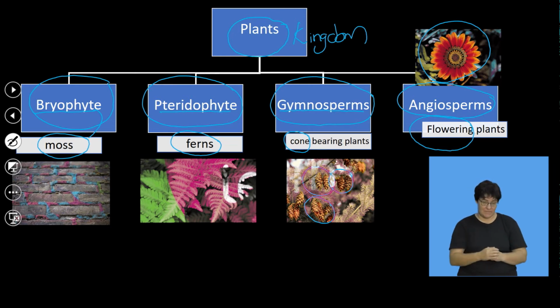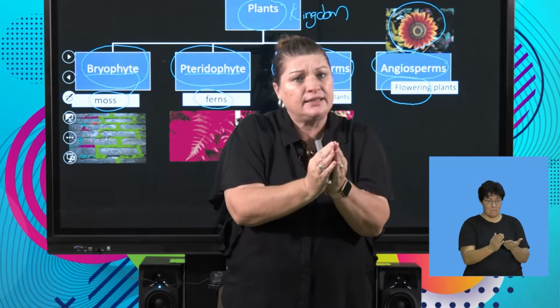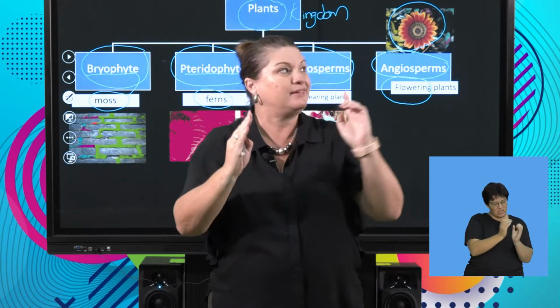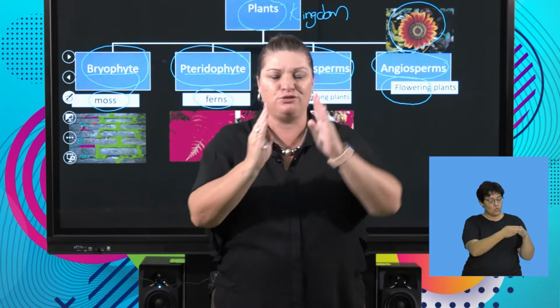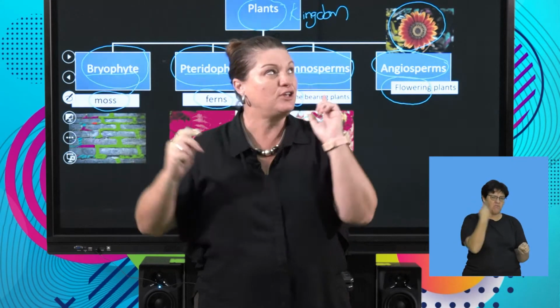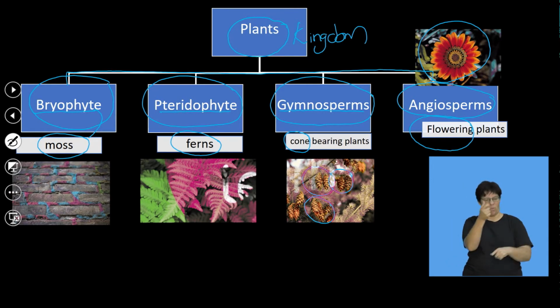Now, when we look at plants, you need to understand that there's an evolution towards them. What do I mean by that? Some plants appear earlier in the evolutionary time scale, and over time, these different groups that I've showed to you appear at later stages. So if we look at these 4 groups, this could almost be a timeline.